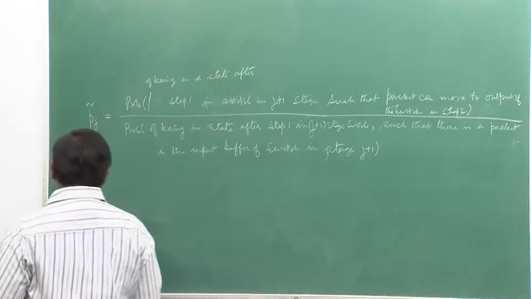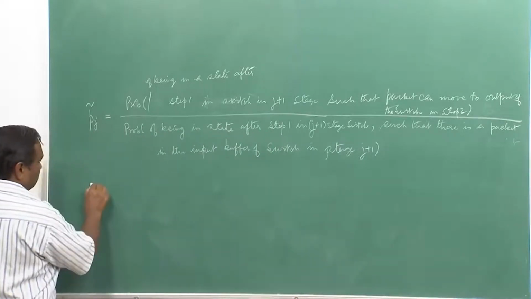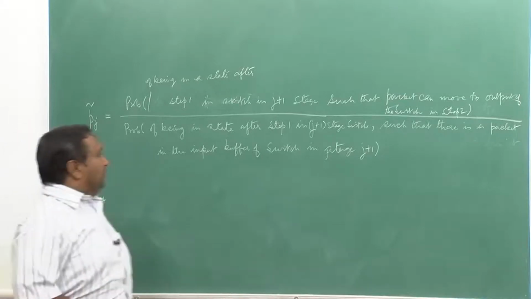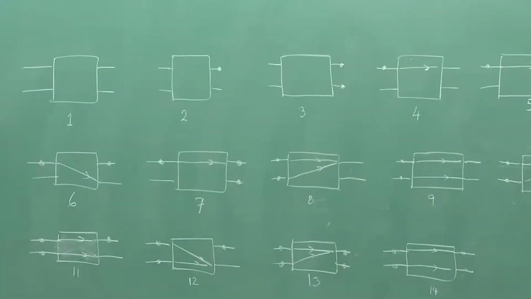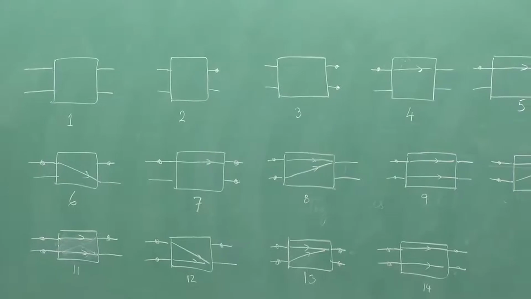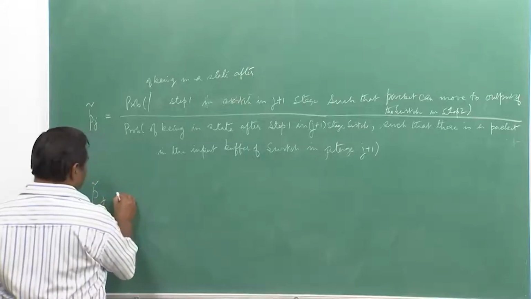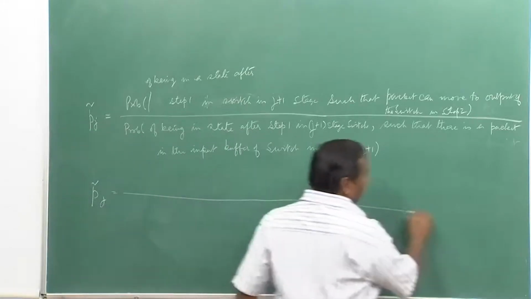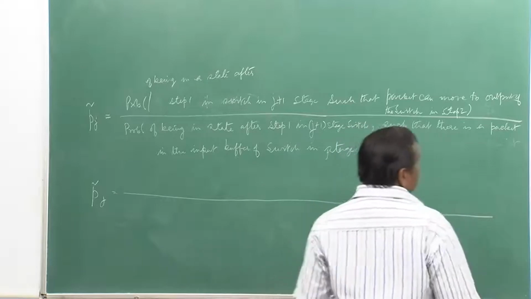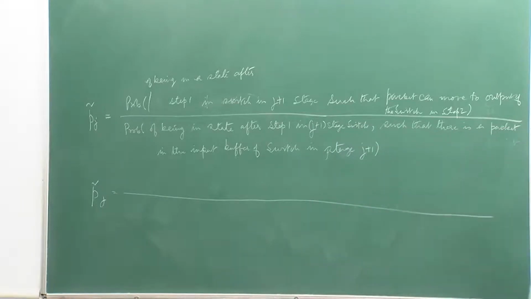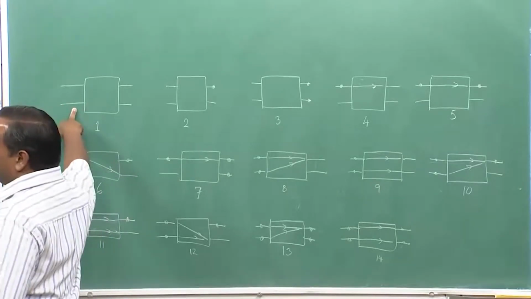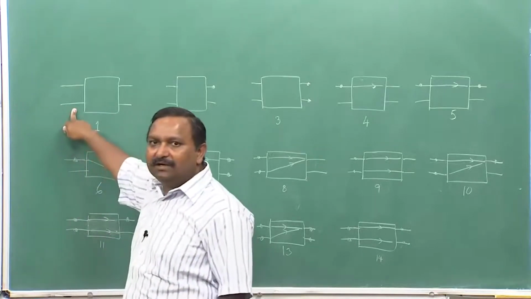So, for Pj tilde I have to find out the states. Now, remember I am talking about the j plus first stage switch and step 1 is already over, okay. So, do I have a packet at the input after step 1 in j plus first?